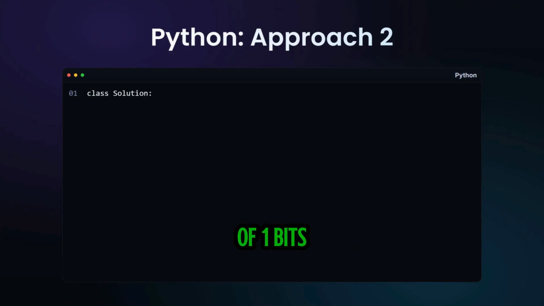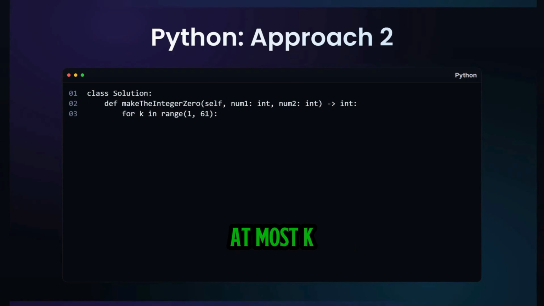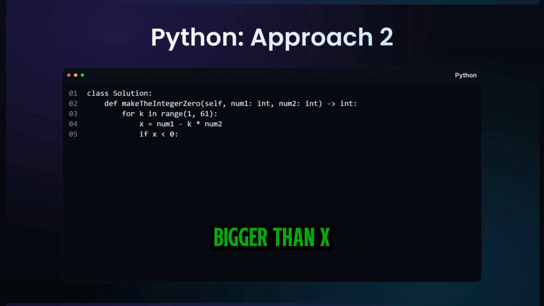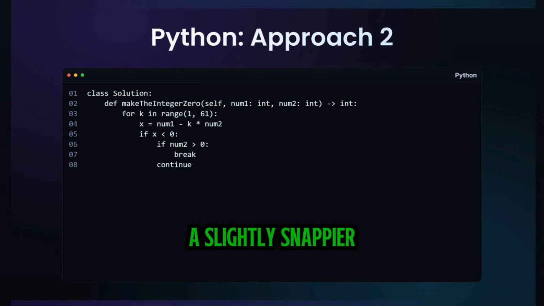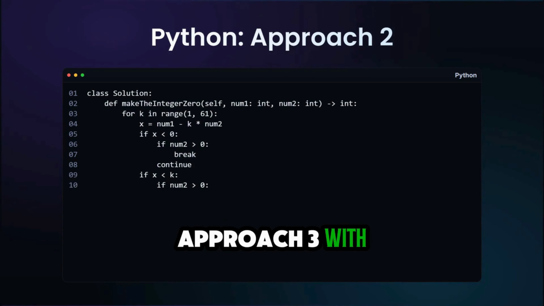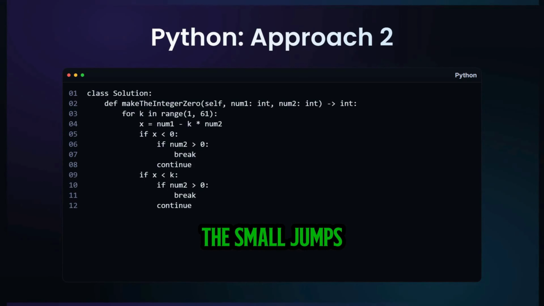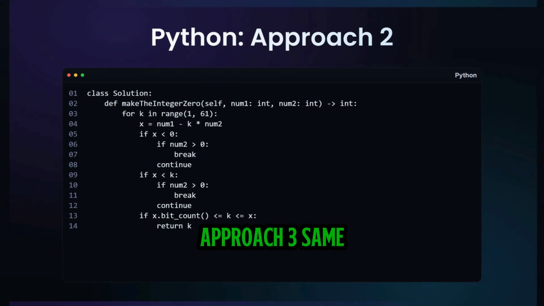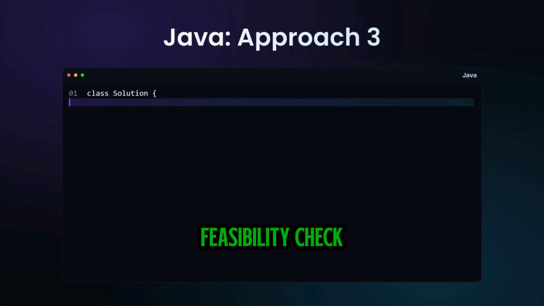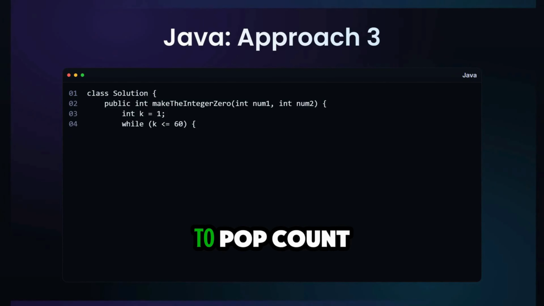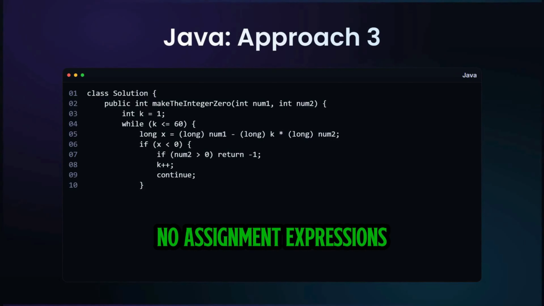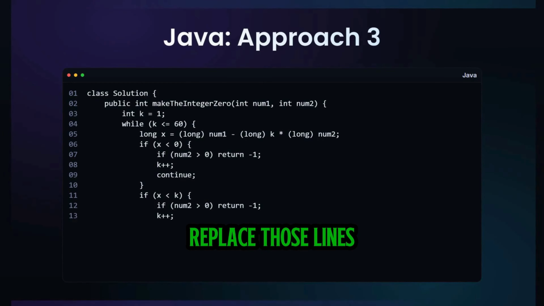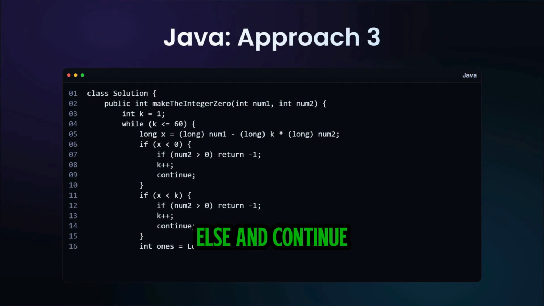If the number of 1 bits in x is at most k, and k isn't bigger than x, we're done. Return k. A slightly snappier version. Approach 3 with the small jumps. Approach 3. Same feasibility check, plus jumping k to pop count of x if needed. If you prefer no assignment expressions in Python, replace those lines with simple if-else and continue. Same logic.